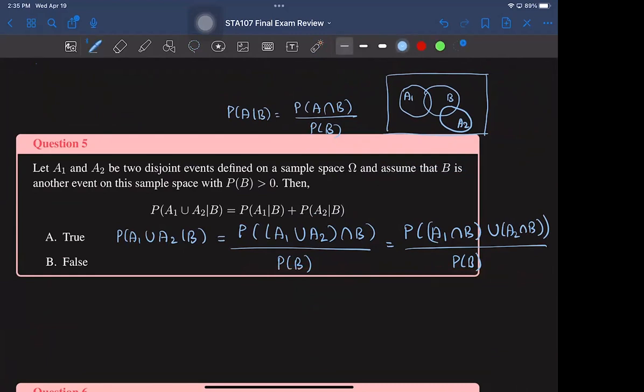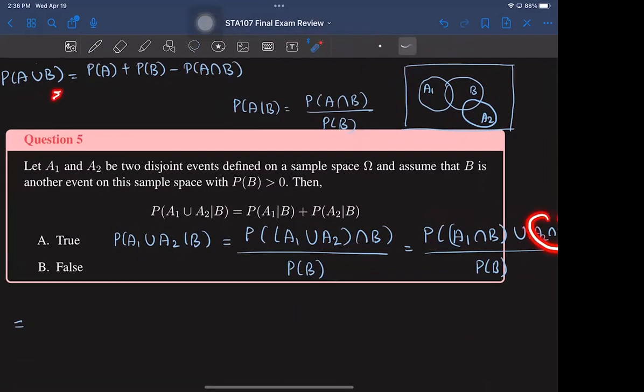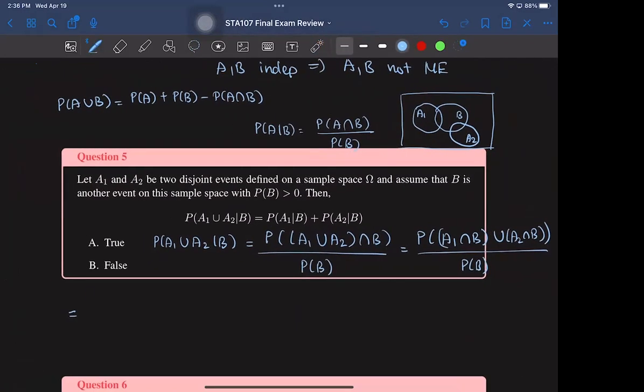Yes. And here, what we have is probability of some set union with another set. Before, we have the formula: probability of A union B is probability of A plus probability of B minus probability of the intersection of two sets, right? And here we treat the first group as A and the second group as B, and I apply the formula.